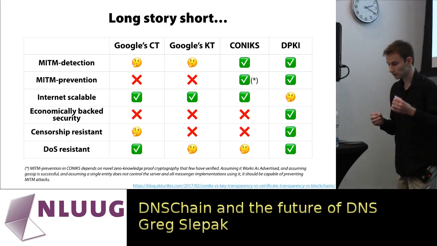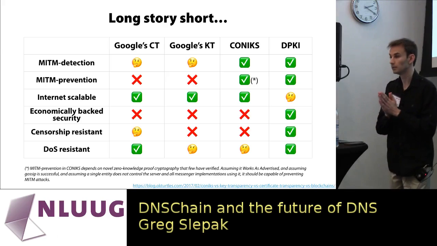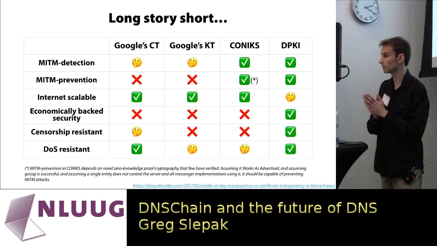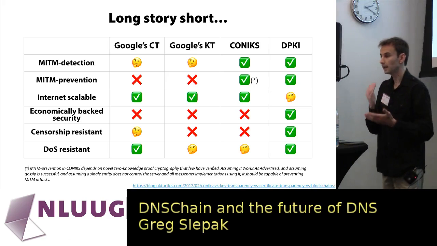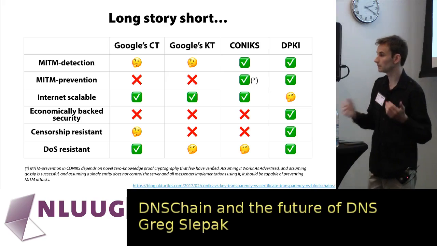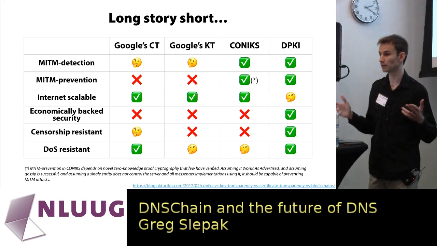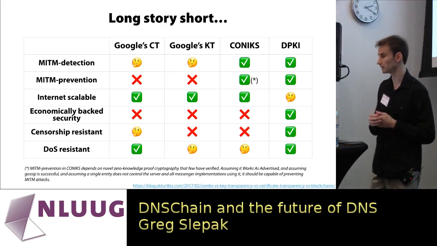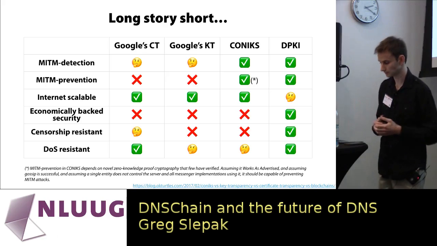Another interesting point of note is that only DPKI, because of its heavy emphasis on blockchains and their ability to issue a token, has economically backed security. There's effectively a $20+ billion bug bounty out there for Bitcoin right now, for anyone who can compromise it. And that gives you a monetary feel for how secure that protocol is.